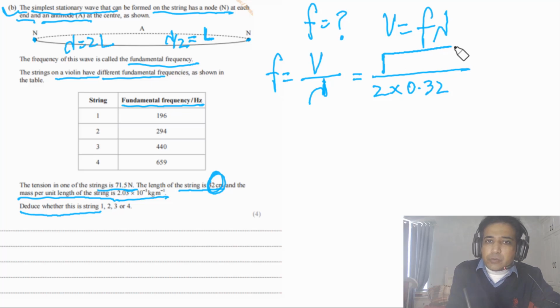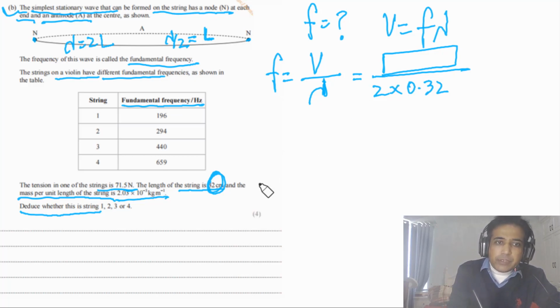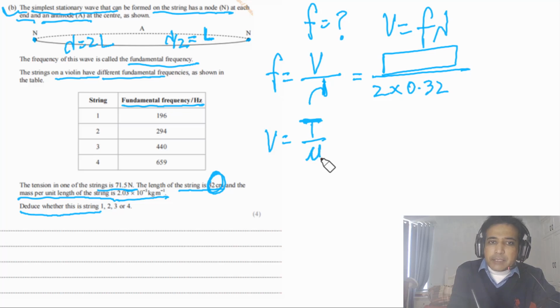Now we need to find the value of v. If we have the value of v, we can find the frequency. In order to calculate v, we use v = √(T/μ), which is true for the string, where T is the tension in the string and μ is the mass per unit length of the string.